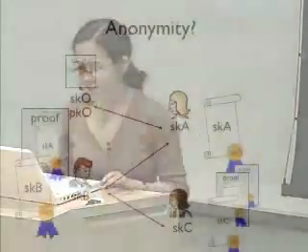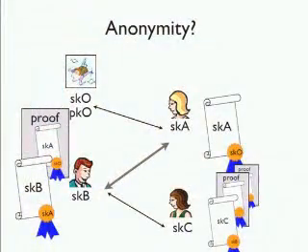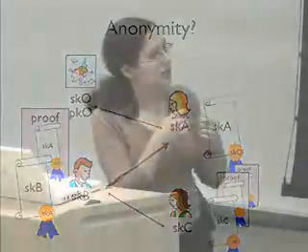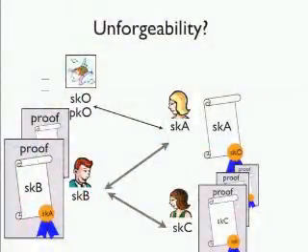So we need to make another modification: instead of computing a signature on Bob's secret key, Alice and Bob will compute a proof of knowledge of a signature on Bob's secret key. The trick is that we have to be able to do this efficiently and without leaking any information on either side. And then, of course, the same thing for Carol. And that basically gives us all the anonymity properties we need.